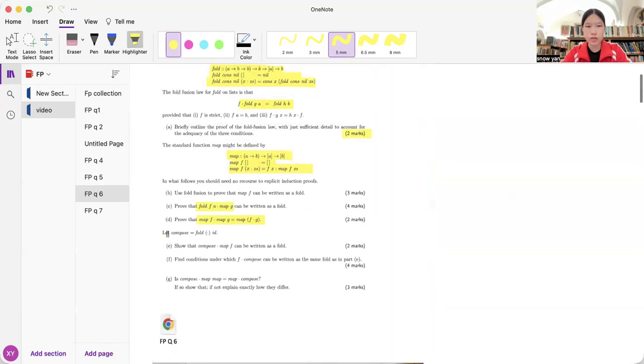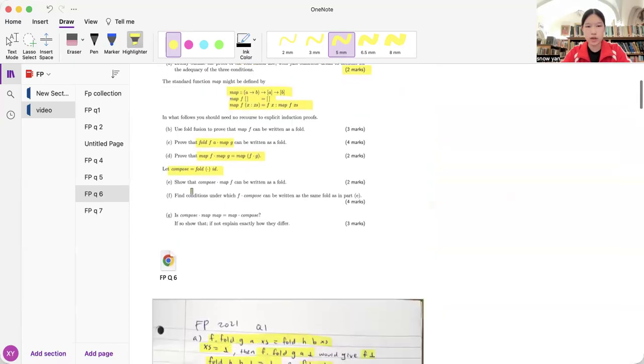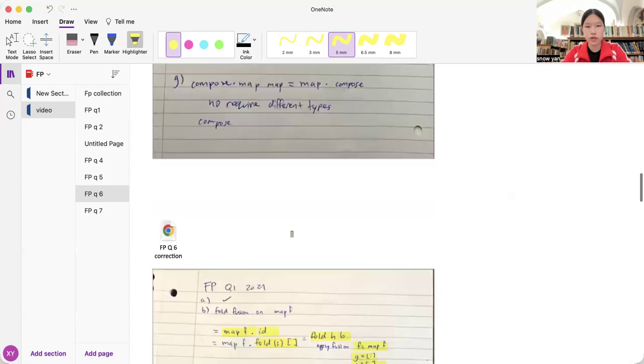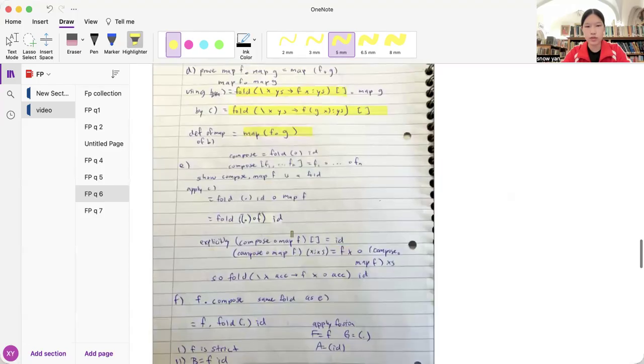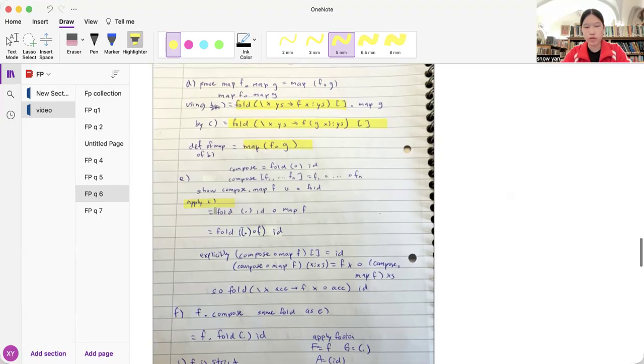And then for part E, we're given a new definition that compose is equal to fold of compose of identity. And then we're asked to show that compose of map F can be written as a fold. So for this part, we can just think of it as applying C, right? We just know that compose.mapf is a fold. So we can just write a fold of compose identity.